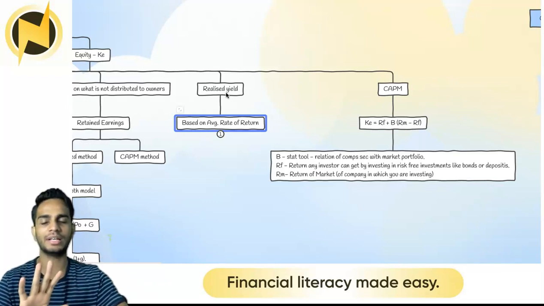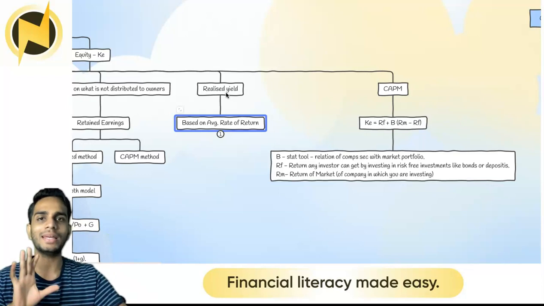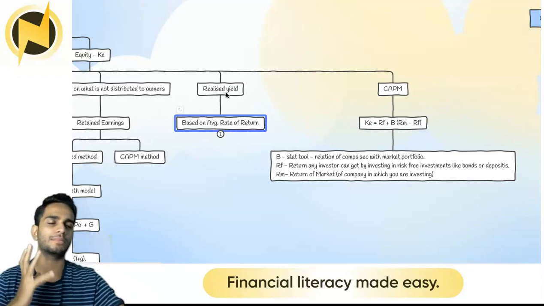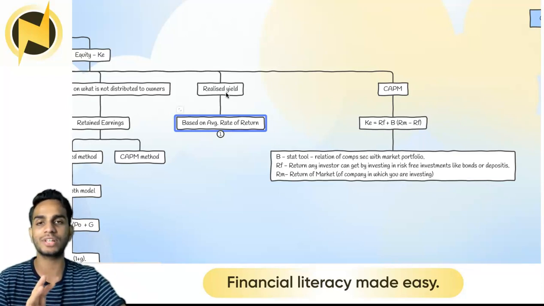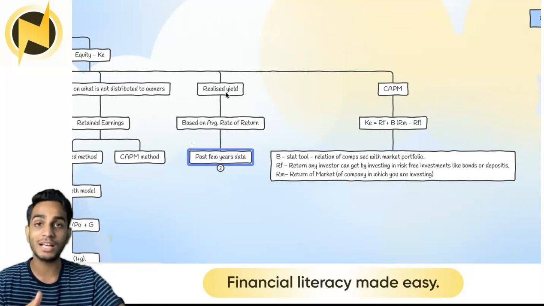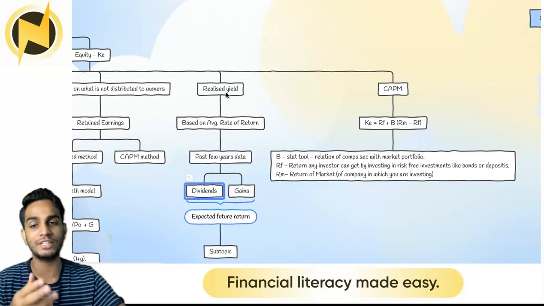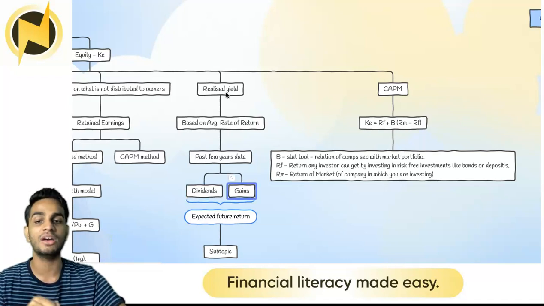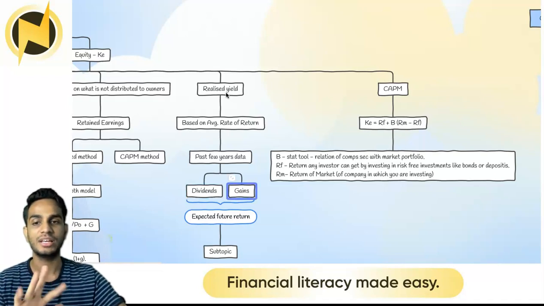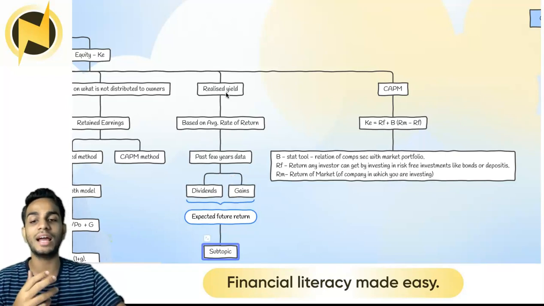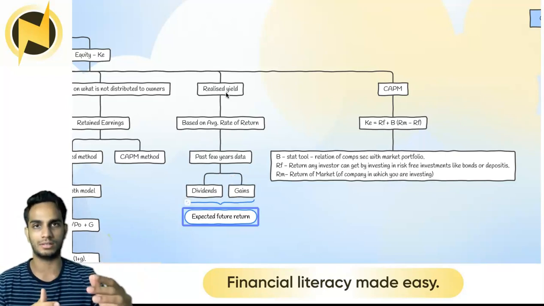So here in realized yield, my calculation of cost of equity will depend on an average rate of return, which is based on past few years data, wherein we check all the dividends that we have received and all the gains that we have realized. Based on the dividends and gains that we have realized, we set an expected future return.